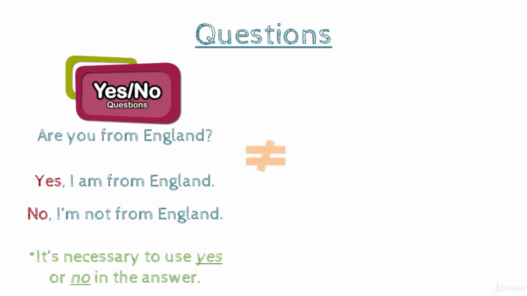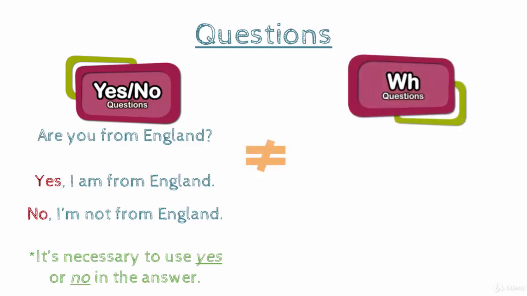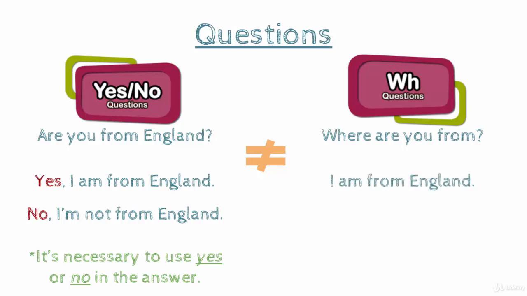Now, there is a difference when you use WH questions. Let's see a question with WH. Where are you from? The WH question here is where, okay? So, where are you from? I'm from England. I'm from Germany.